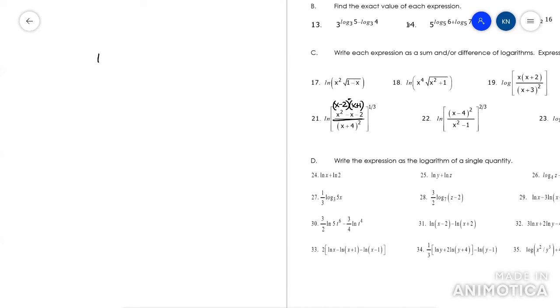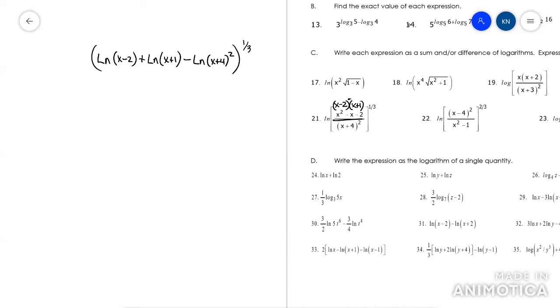So you could rewrite this as ln of x minus 2. Then it's a times that x plus 1, so it's plus ln of x plus 1. Then it's divide by x plus 4 squared, so it's minus ln of x plus 4 squared. Now don't forget, this technically all is to the 1/3 still.